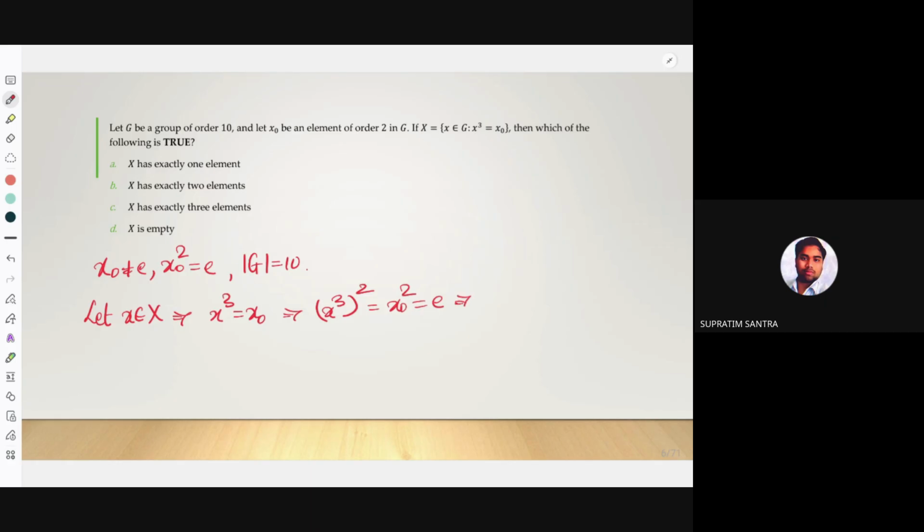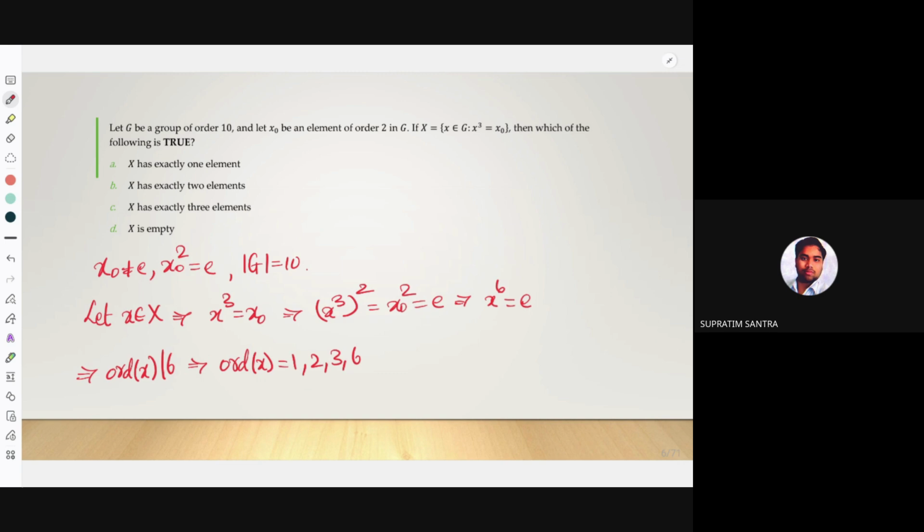So x to the 6 equals identity. From here we get that the order of x divides 6, which means the order of x equals 1, 2, 3, or 6. These are the four possibilities we have for the order.